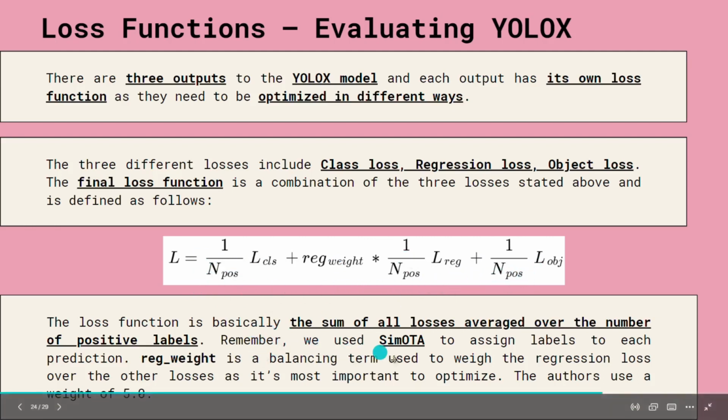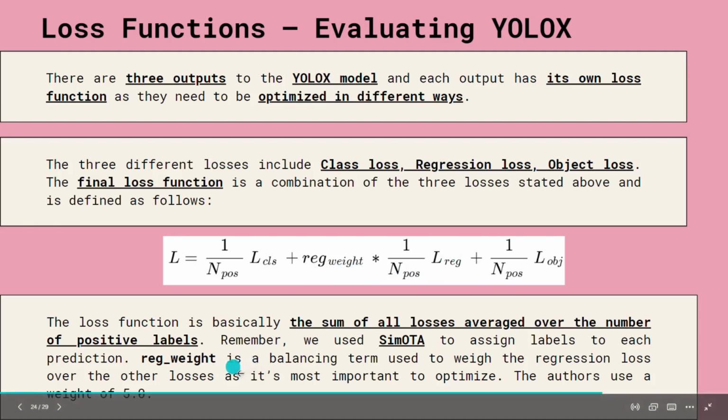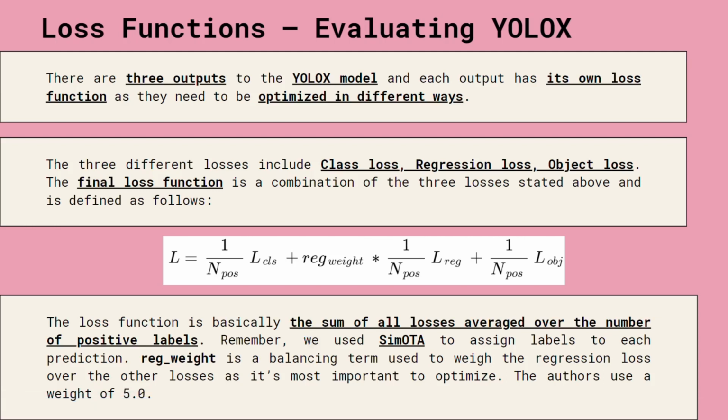And remember, we used SimOTA to assign the labels to each prediction. So this technique was used in order to assign the positive label to each of the boxes. And the variable reg weight, which is a weight used for the regressor, is just a balancing term used to weigh the regression loss over the other losses, and it's the most important to optimize. And the authors use a weight of 5.0.